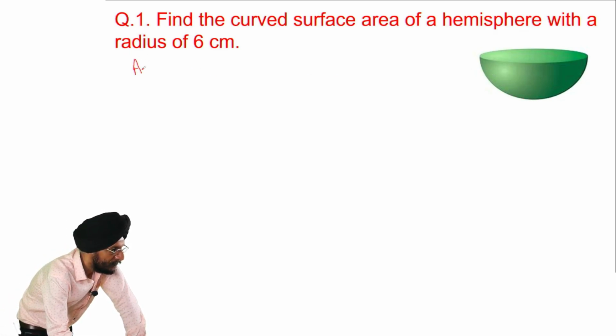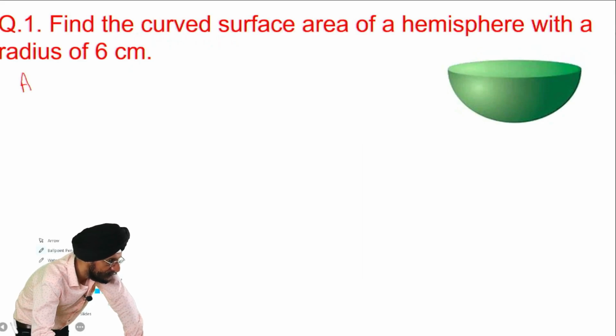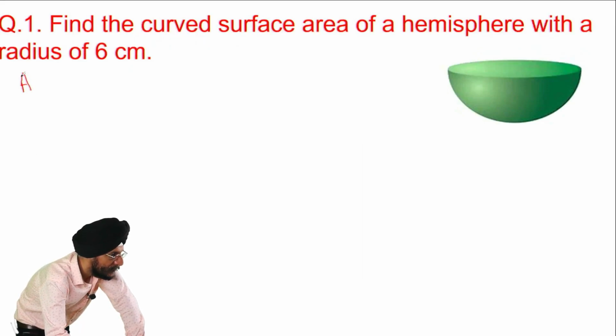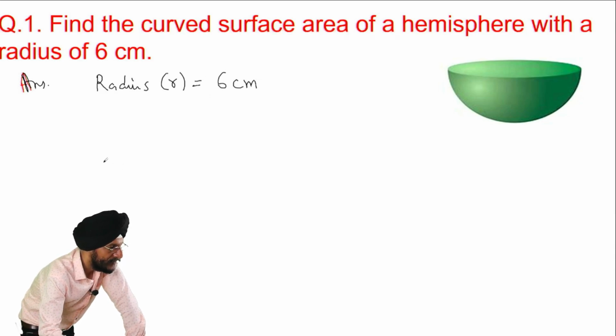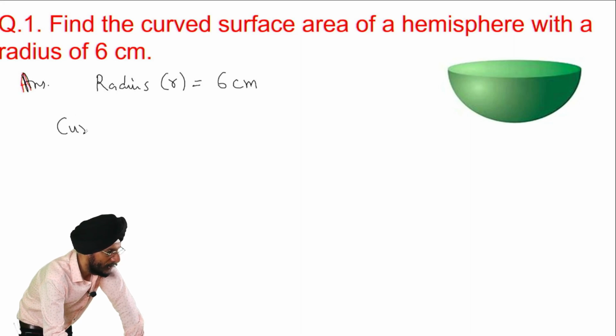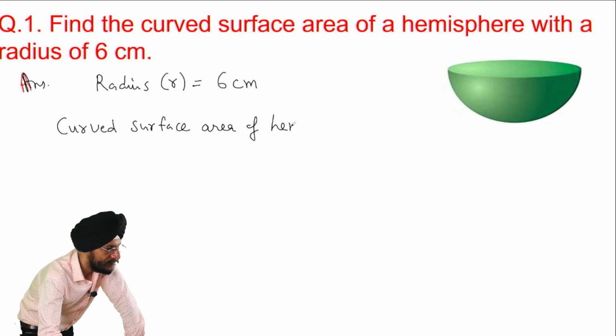So answer, what is given to us is radius, it is 6 centimeter. What we are to calculate, we are to calculate curved surface area of hemisphere.